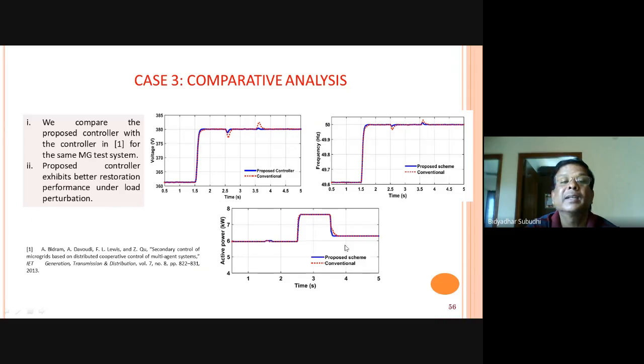responses. Now we compare our result with some of the earlier work by Bidyadhar et al. You could see here that the proposed one is the blue line for the voltage regulation, and the dotted line is for the frequency regulation problem. The proposed controller, the one I am presenting here, exhibits a better restoration when there is a disturbance in the system like a load change.